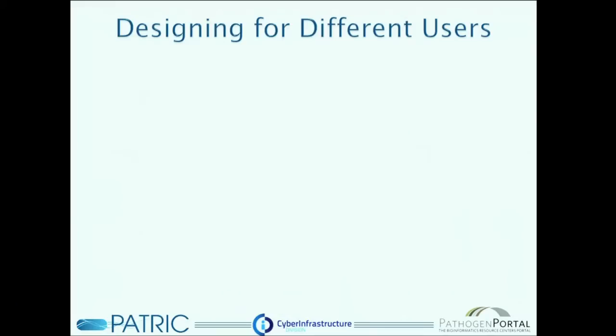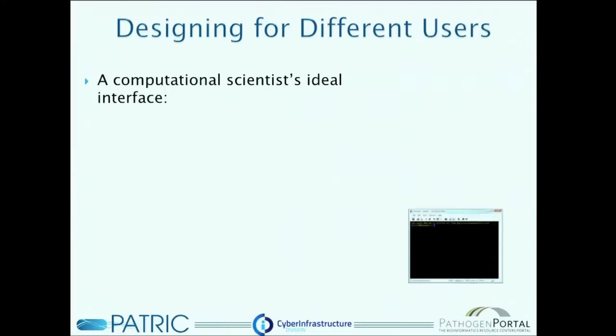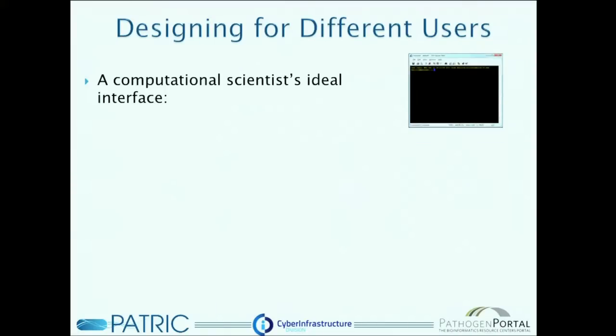I'm only going to make a very simple and obvious point here, but we have different styles of users. And I would say that for all computational scientists that we run into, it's trivial how to fix their problem. That's their interface. And anything else we put in front of them, they say, why are you giggling? How do I get all of that to go away and just get to this?